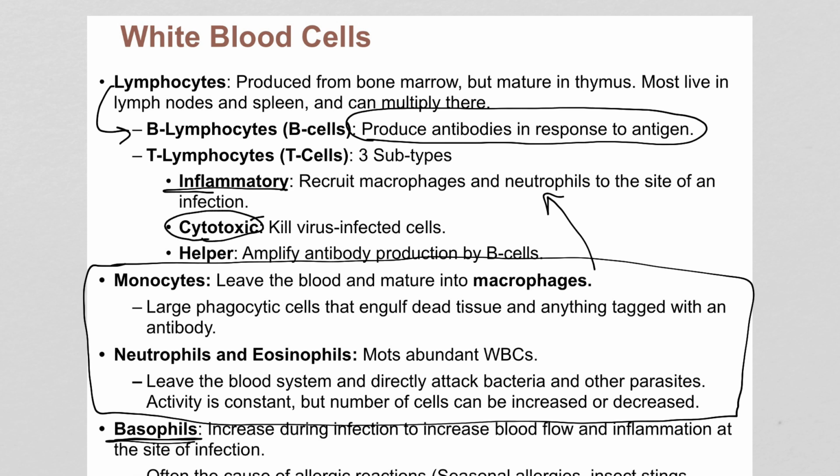These are sometimes called CD8 T cells because that's the receptor they have. They kill cells infected by viruses and sometimes cancer cells as well. And then you've also got helper T cells, which are sometimes called CD4 T cells. And their job is sort of to be like a master coordinator of the immune system and stimulate other immune cells to amplify their responses.